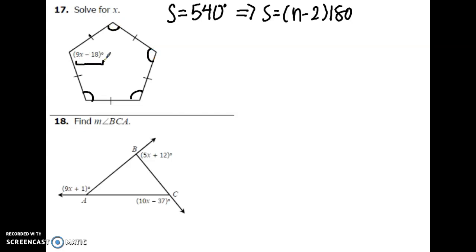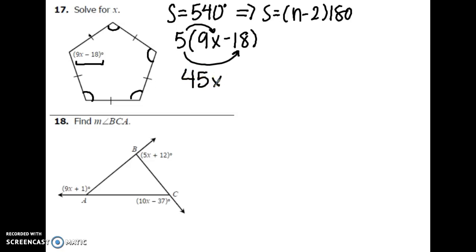So while you could count them, you can also multiply them. Take one angle, there's 5 sides. All you have to do here is say 5 times 9x minus 18. Distribute twice. And when we distribute, we find that that is 45x minus 90. Then again, we set it equal to our S, so we would set that equal to 540.